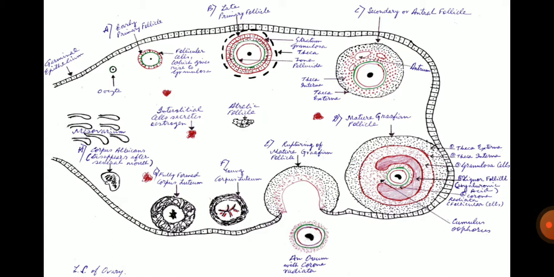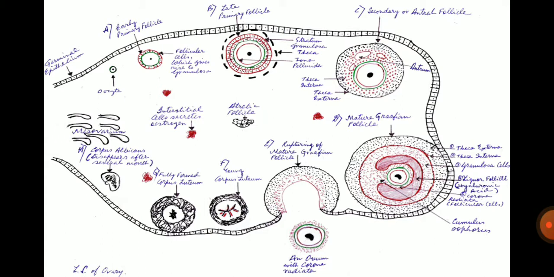Especially when fertilization occurs, the corpus luteum will exist for almost 4 to 5 months. Otherwise, if there is no fertilization, its life span will be just 5 to 6 weeks. That's all, and it will not secrete progesterone further.